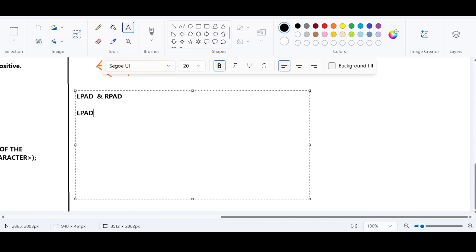What is this LPAD function? To fill a specific character to a string expression on the left side of the given string. You can fill specified characters to a string expression on the left side.